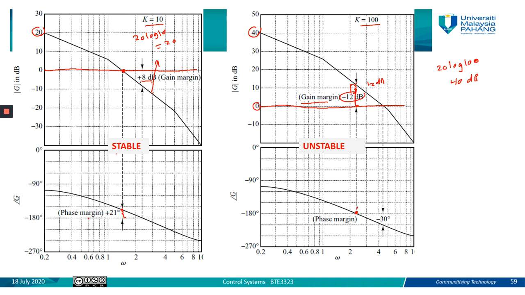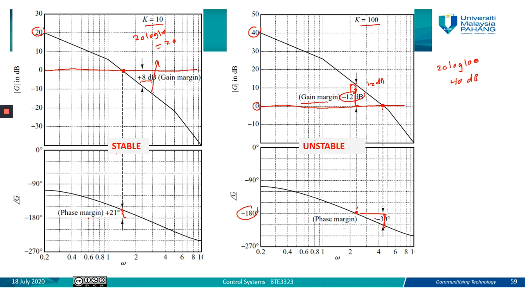If the gain margin is negative, that means one of the margins is negative, so the system will be unstable whatever the value of the phase margin is. Okay, but also if we want to calculate the phase margin, the same, we find the gain crossover frequency for the magnitude here. We draw the line until the plot for the phase, and then we find the difference between the phase and the 180 line.